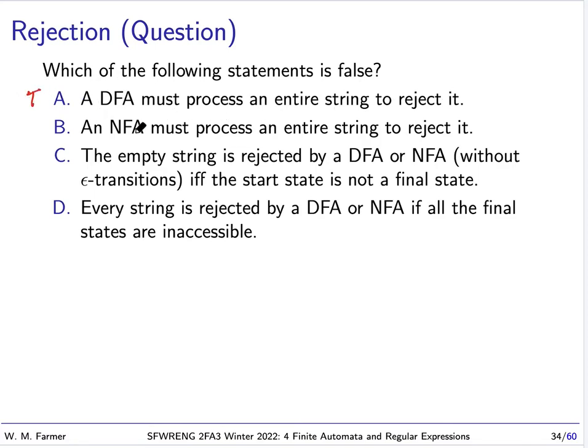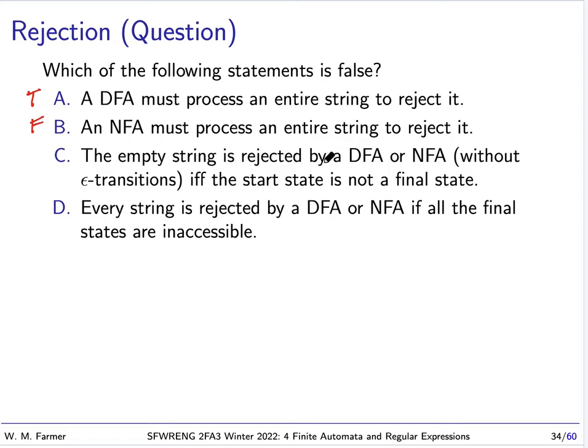An NFA must process an entire string to reject it. No, this is not necessary. If you're processing a string and you end up in a state where there's no way to go, that string gets rejected. So this is false. You don't need to process an entire string to reject it.